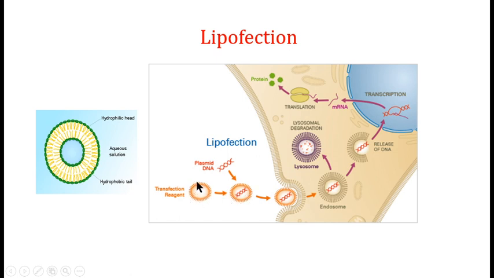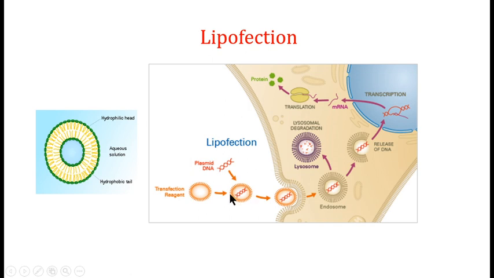This is the plasmid DNA. This one is your liposome. As the liposome is positively charged and the DNA is negatively charged, the DNA can easily fit into this particular liposome.